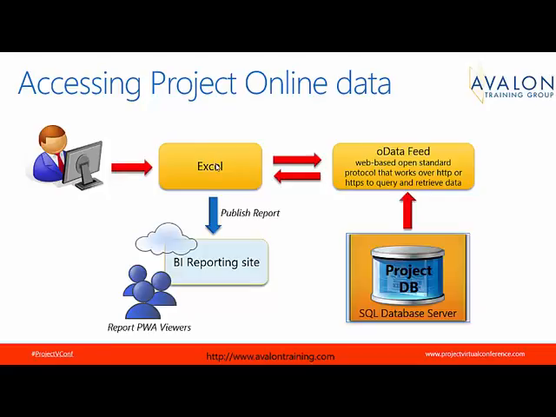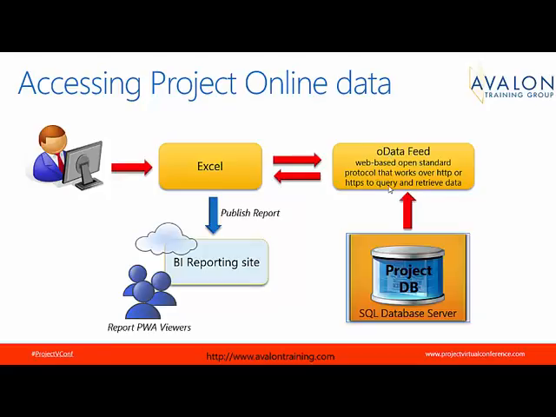The same OData feed is going to be your data source within Excel. So as a report author, you will launch Excel, open up a blank workbook, and then connect to your data source using the URL for your OData feed.